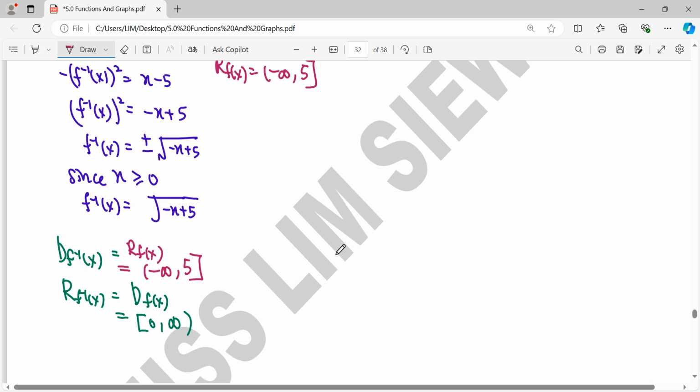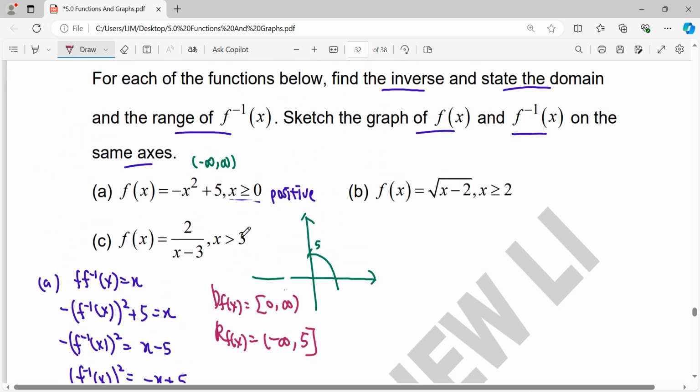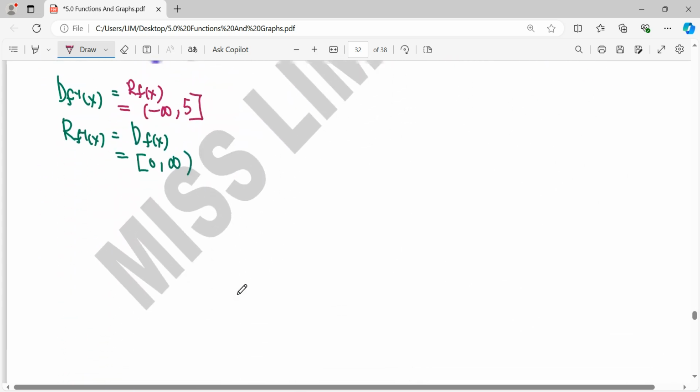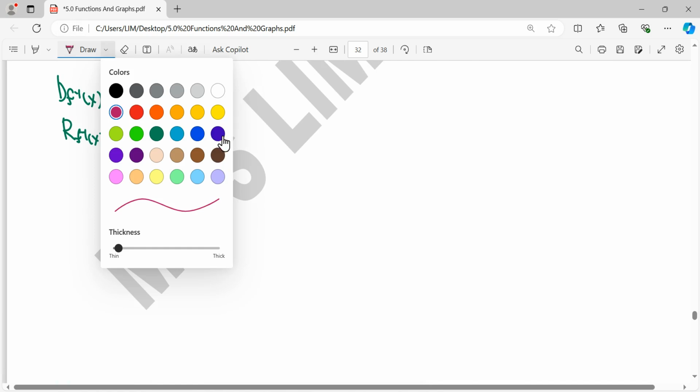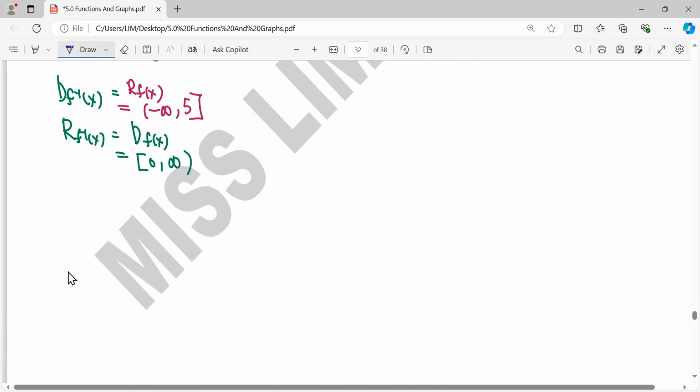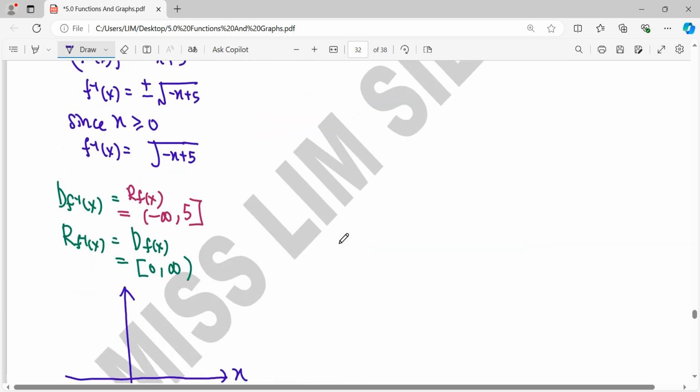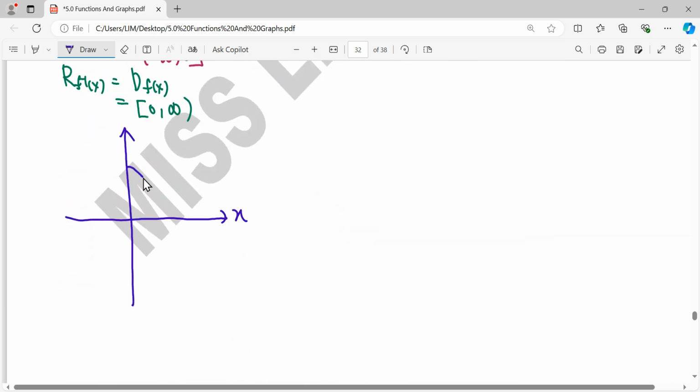Then after that, we're going to draw this function in a graph. So how to draw this function? Firstly, we draw out our f(x). Just now I have a draft here, quadratic, going down, maximum 5. So taking the right side only. So this is the quadratic, maximum 5.